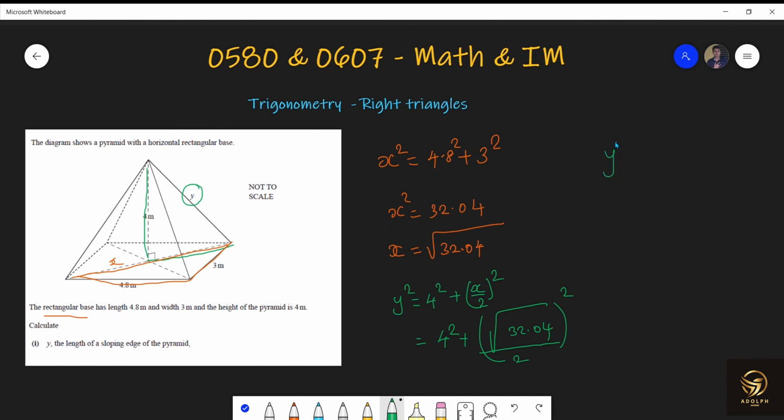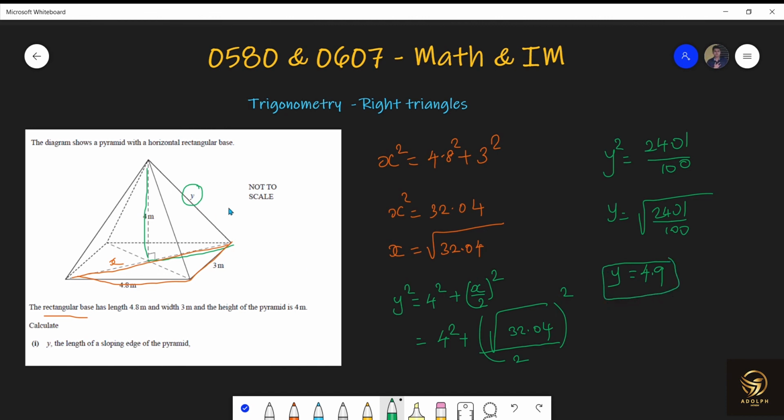So I will get the answer for y square as 2401 divided by 100. And I want to find y, so I have to take the square root of this, the square root of 2401 divided by 100. If I do this arithmetic calculation, I'm getting the answer for y as 49 by 10, or else I can write that as 4.9.